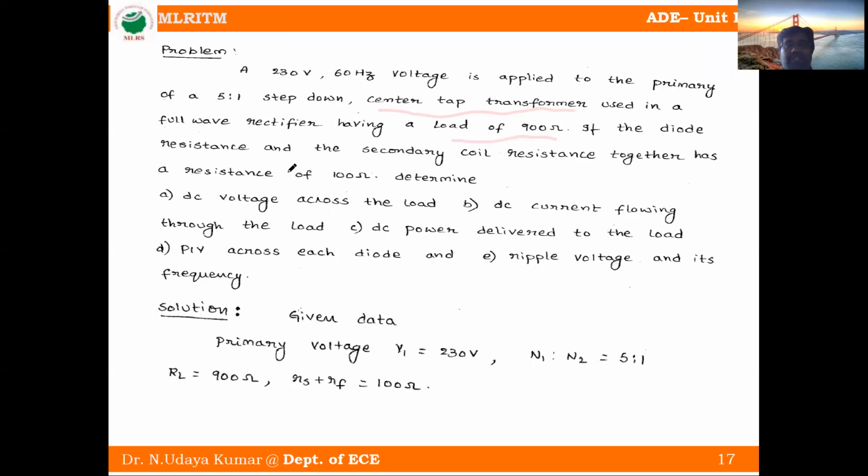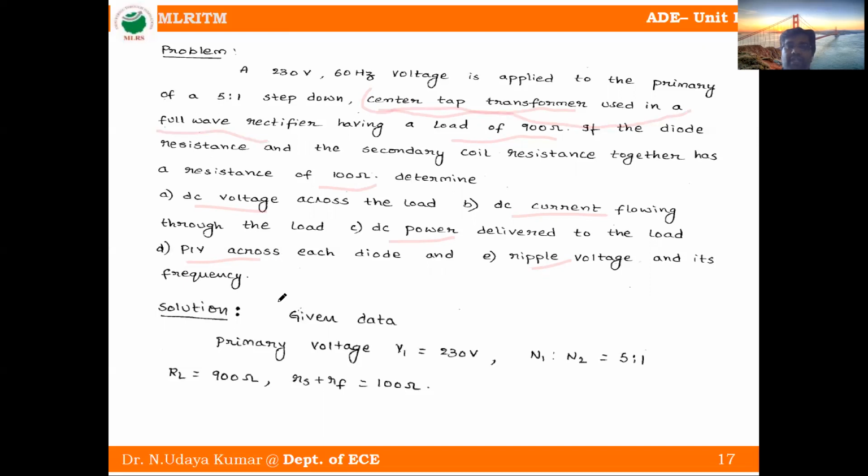If the diode resistance and the secondary coil resistance together have a resistance of 100 ohms, determine the following parameters: DC voltage, DC current, DC power, peak inverse voltage, ripple voltage, and all. Whenever any problem is given, first identify whether it belongs to a half wave rectifier or full wave rectifier, or some other center tapped or bridge type. Now in this problem it is itself given that it is a center tapped transformer with full wave rectifier.